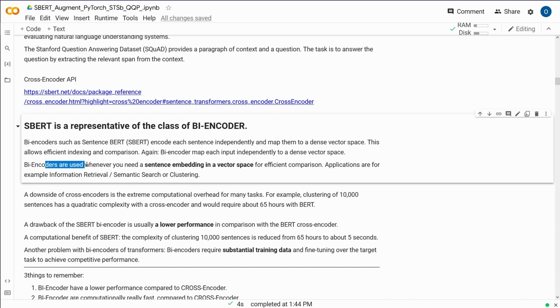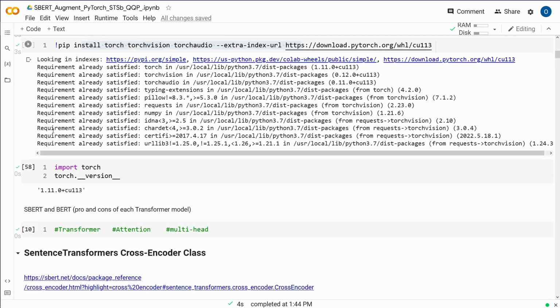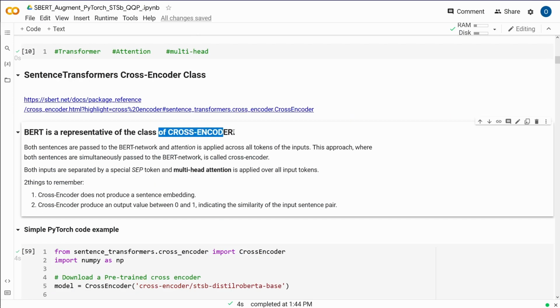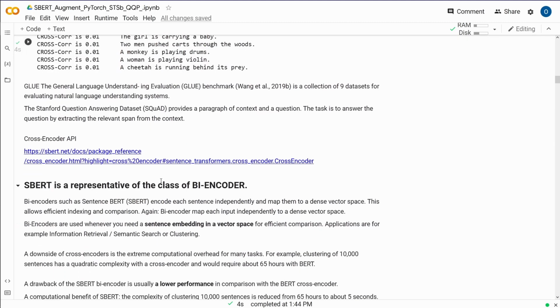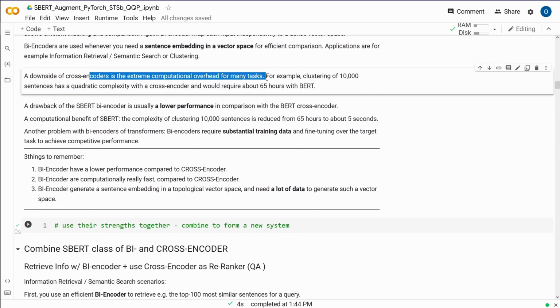Now, Bi-encoders are used whenever you need a sentence embedding in a vector space for some comparison. Applications are information retrieval, semantic search, or even clustering. A downside of the cross-encoder I showed you before is the extreme computational overhead for many tasks.